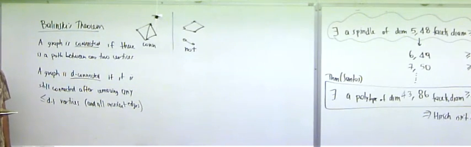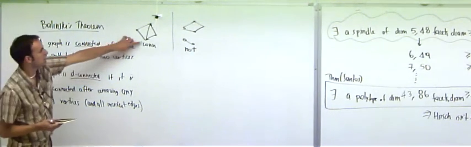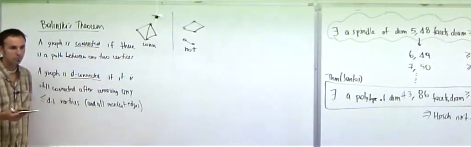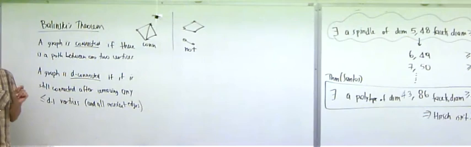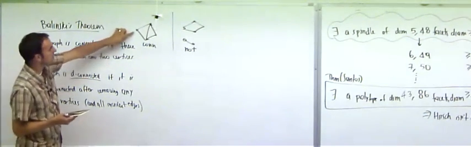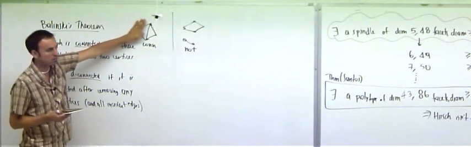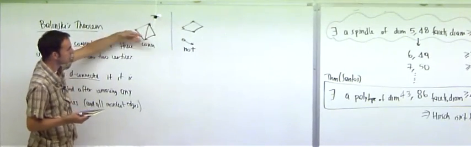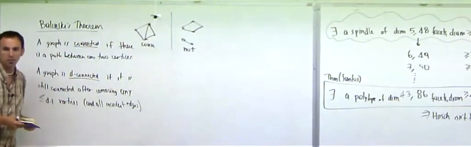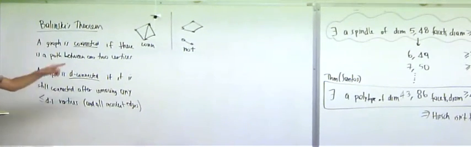Yes or no? Two connected means that if you remove one vertex, it's still connected. If you remove this vertex and the incident edges, it's connected. If you remove this one and its incident edges, it's connected. If you remove this one, it's connected. So that graph is also two connected.